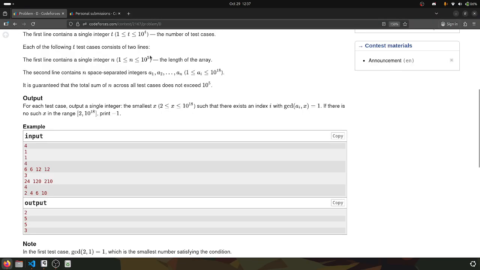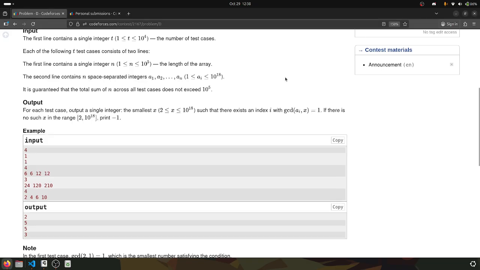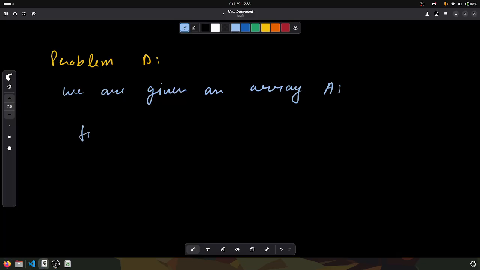So this problem is, basically we are given an array A, and what we need to do is find the smallest integer x such that there exists an index i with GCD(A_i, x) equal to 1.